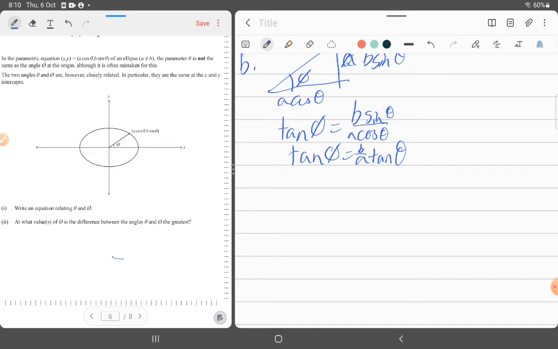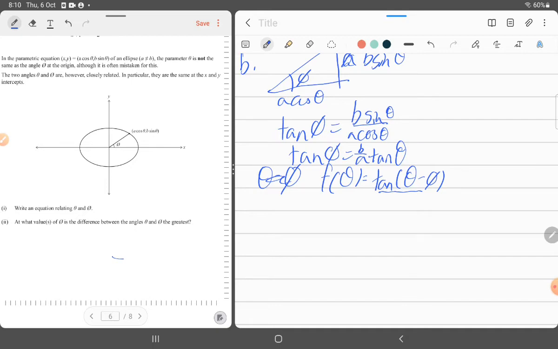So we want theta take away phi. Yeah, we want to get tan of theta take away phi, and this we can get the other equation.